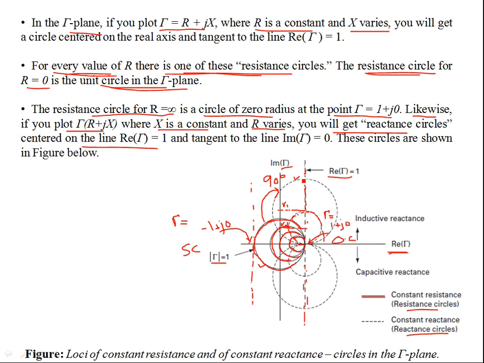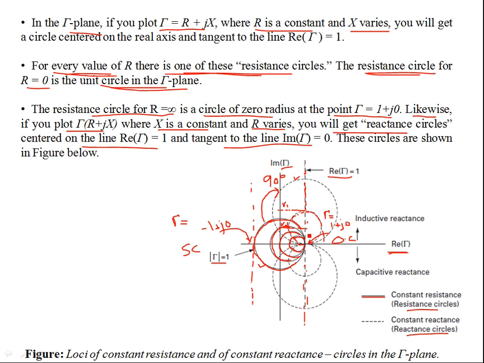These are constant reactance circles, and R is varying, but X is constant. The real part is the variable, and the circle is centered on gamma equal to 1, and it's tangent to the line imaginary gamma equal to 0.